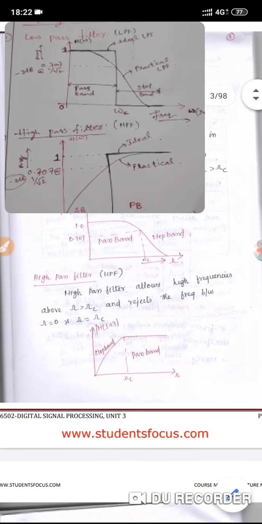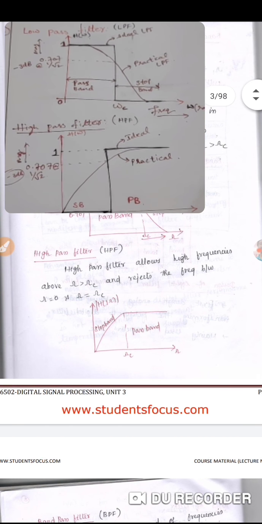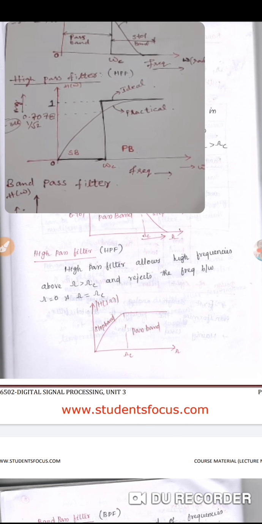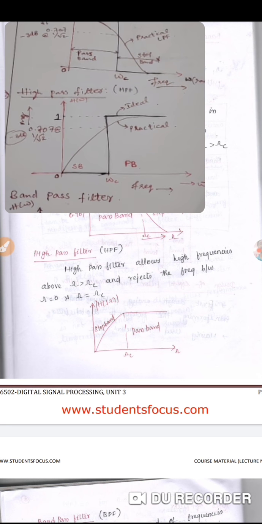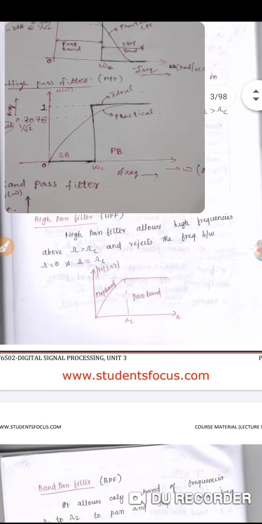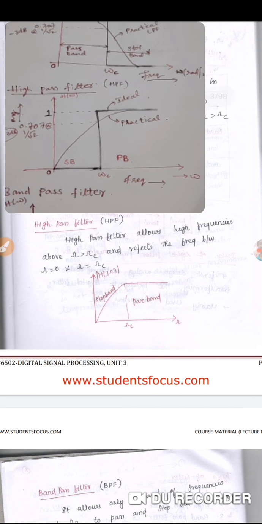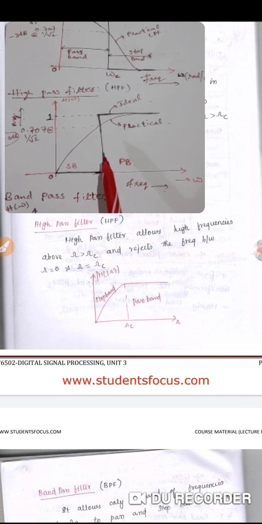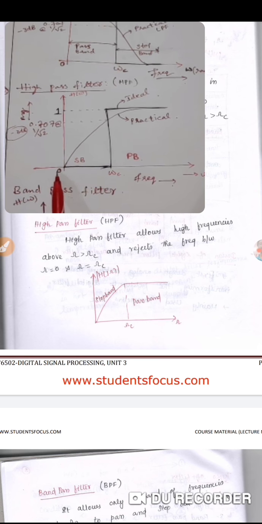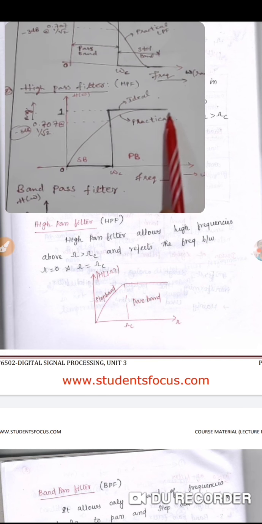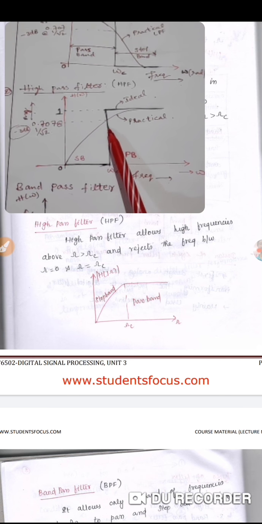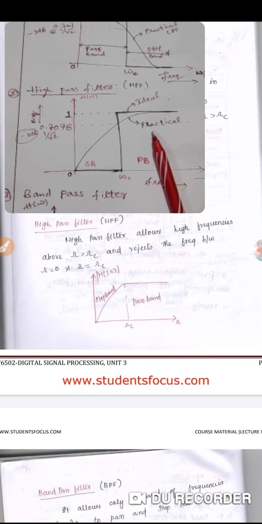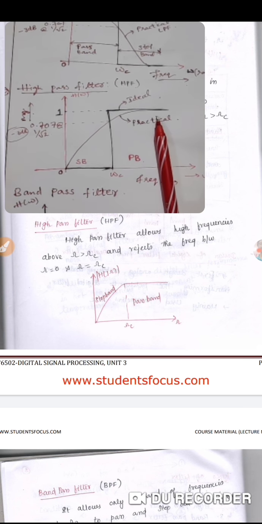Coming to the high pass filter, it will block the lower frequencies and allow the higher frequencies. As we can see from the diagram, the blue line shows the ideal characteristics of the high pass filter, and the red line shows the practical characteristics.